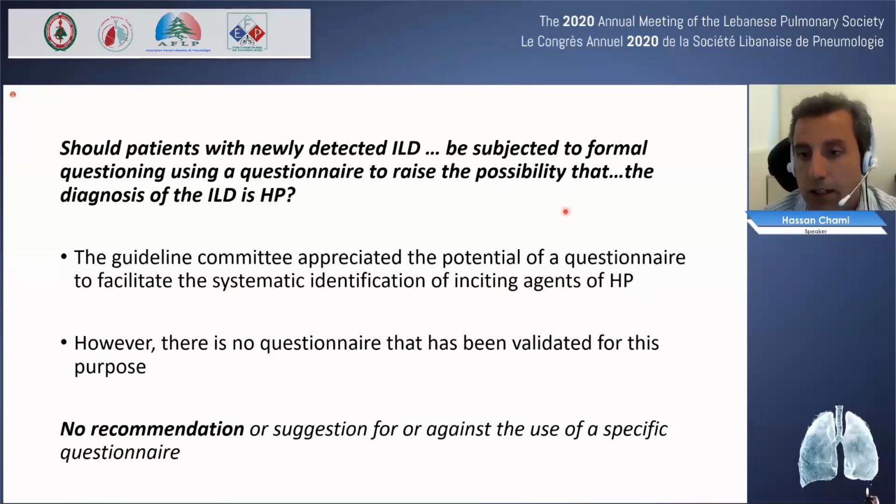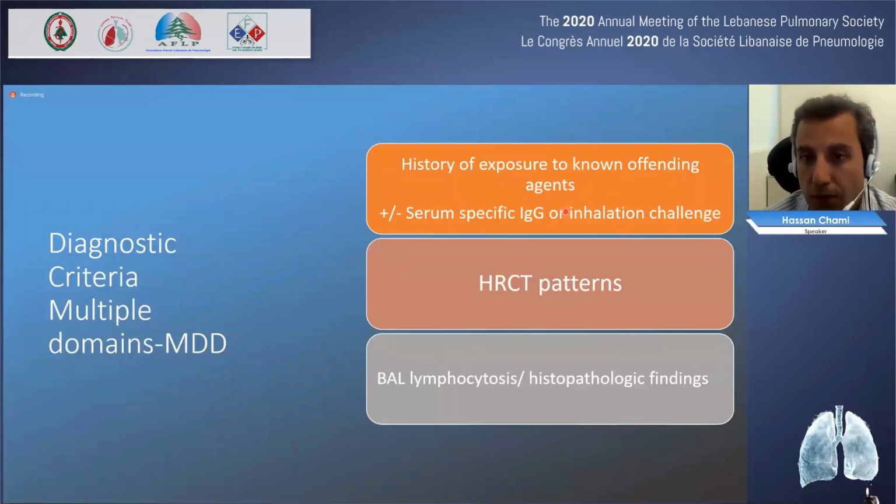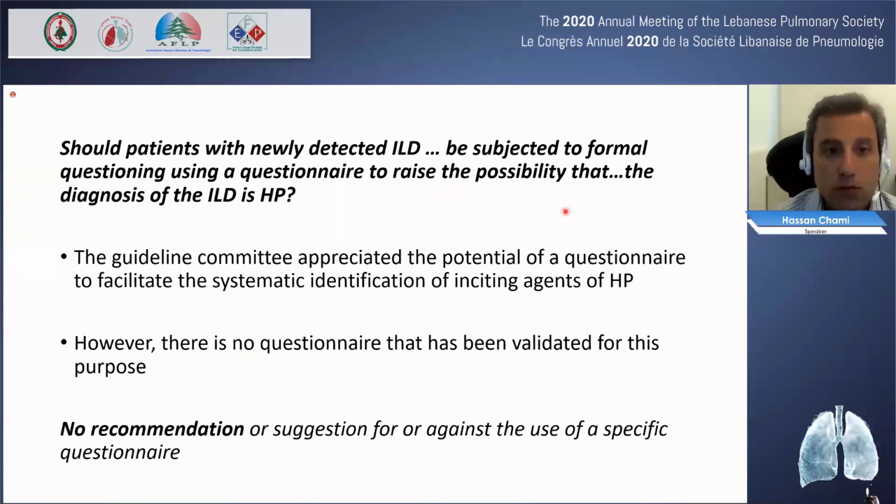Now, the guidelines examined the evidence supporting each of these domains. So they looked at whether patients with newly detected interstitial lung disease in whom HP is being diagnosed should be subjected to a formal questioning using a questionnaire. And they appreciated the importance of a questionnaire to facilitate the systematic identification of agents that could incite HP, especially with regards to the local context, as we see that the antigens may differ from one geographic area to the other.